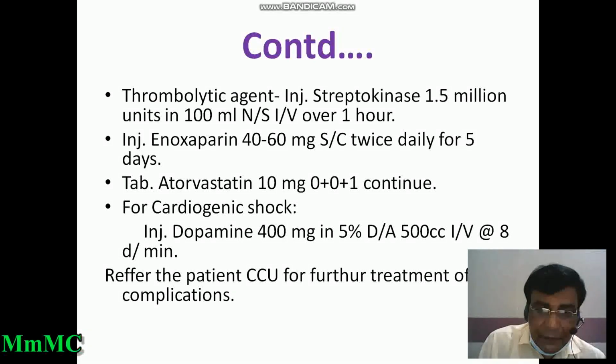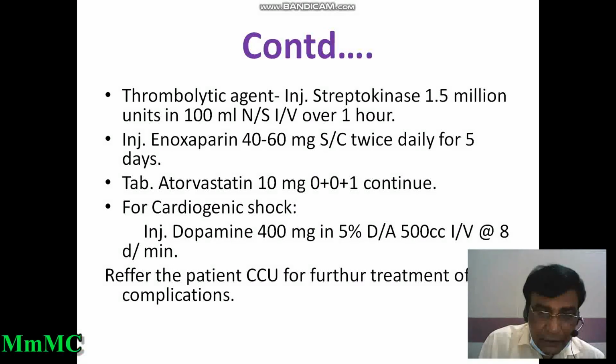Thrombolytic agent, injection streptokinase 1.5 million units in 100 ml of normal saline over 1 hour. Injection enoxaparin 40 to 60 mg subcutaneously BD for 5 days. And tablet atorvastatin 10 mg daily.